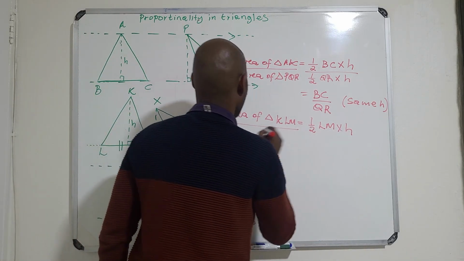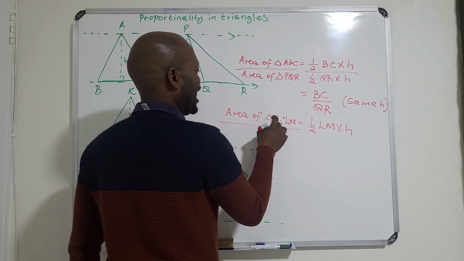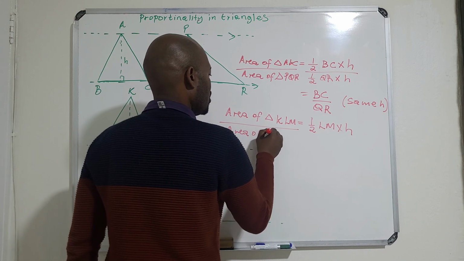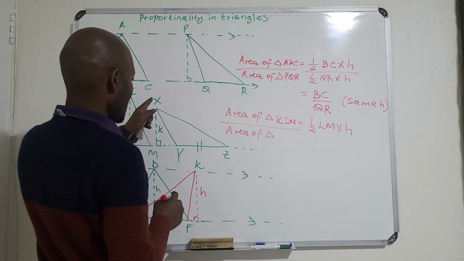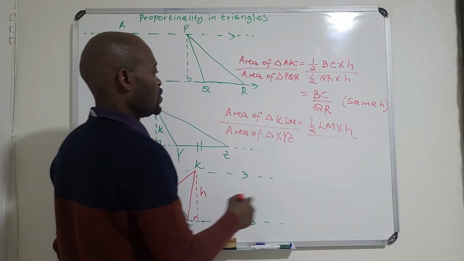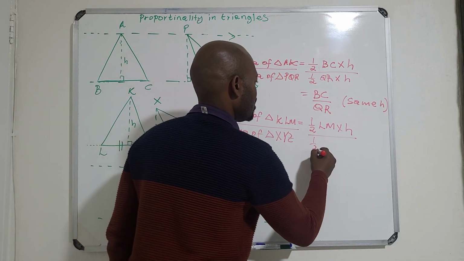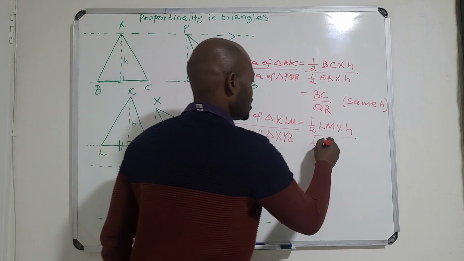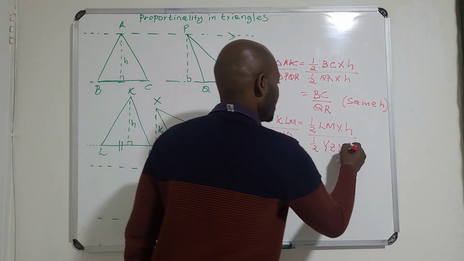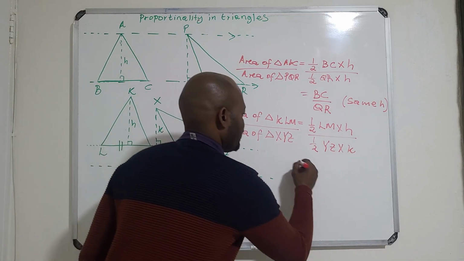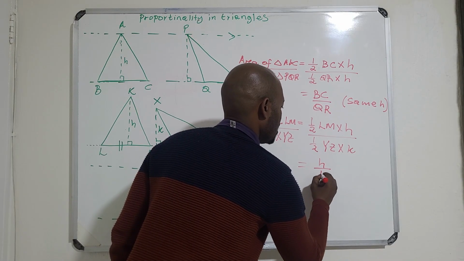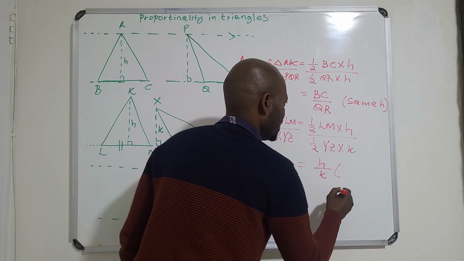Therefore, the area of triangle KLM over the area of triangle XYZ is equal to half our base, which is YZ, times our height in this triangle, which is K. Therefore, this is equal to H over K. Why is that?